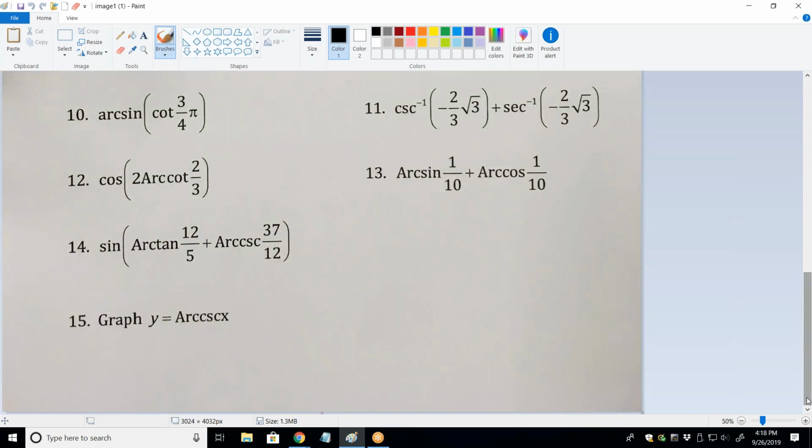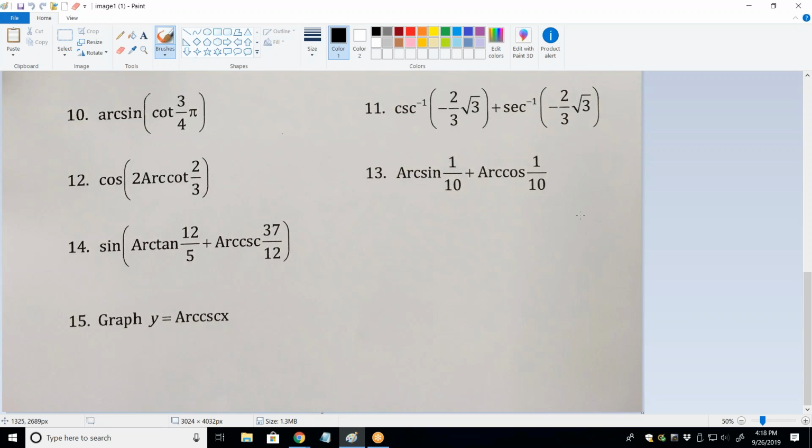So let's just talk about that for a moment. What's in parentheses is what? That is the number. Okay.